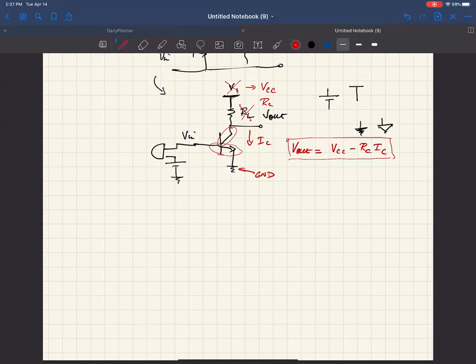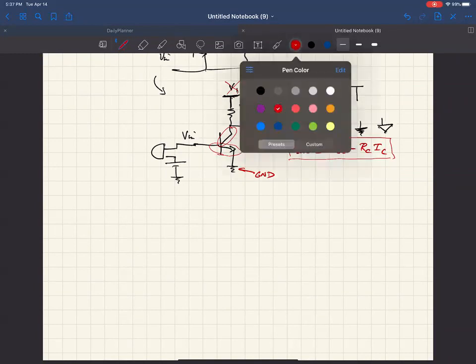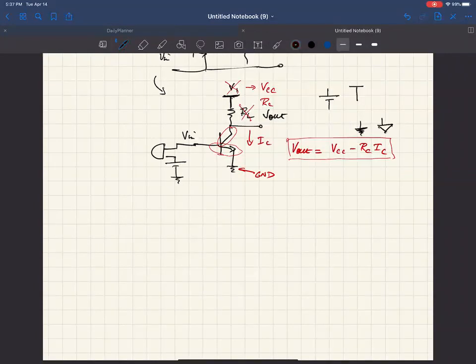Okay, so that's what we're calling a very popular amplifier topology. This is called the common emitter amplifier.